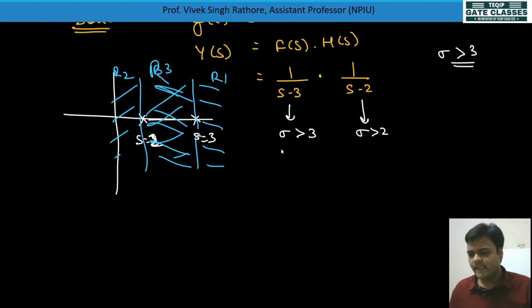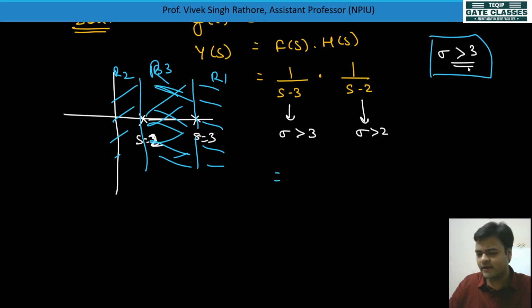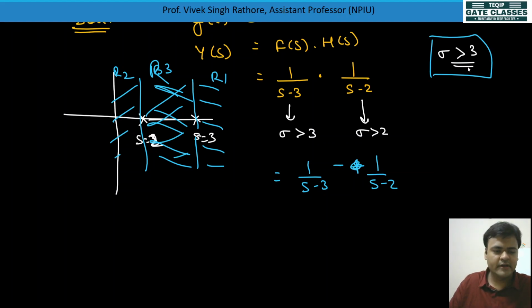If it is a causal system, we will definitely consider this portion only, and we write 1 by s minus 3 and 1 by s minus 2, s cancels, and minus 2 and plus 3 will come like this.